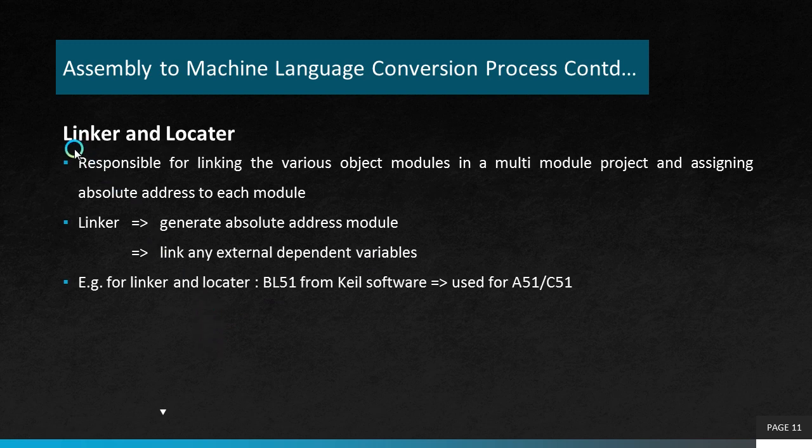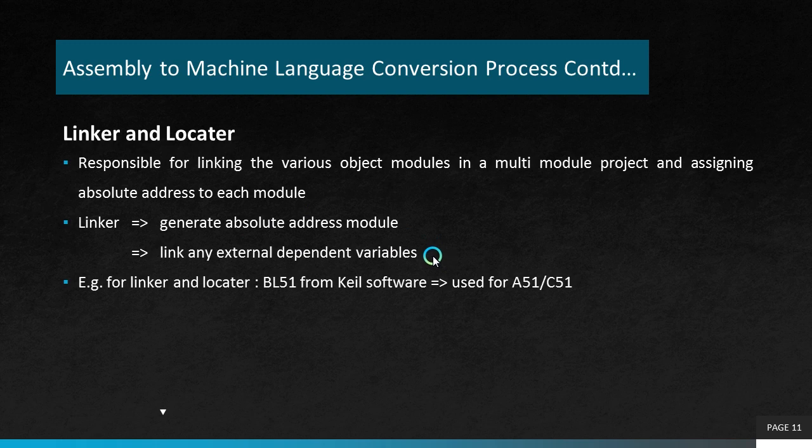Now, let's look at the linker and locator. They are responsible for linking the various object modules in a multi-module project and assigning absolute addresses to each module. The linker generates an absolute object module by extracting the object modules from the library, and it also links any external dependent variables or functions.